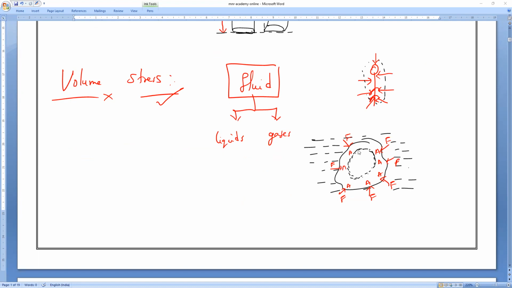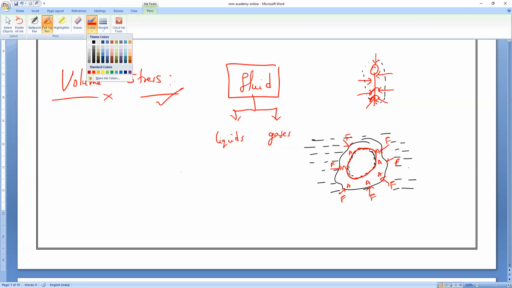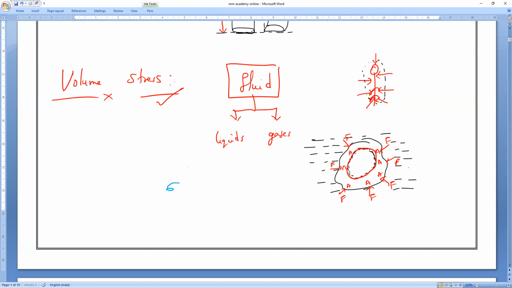So this is what we call a volume stress. When any kind of object is inside the fluid, the fluid will exert pressure on that object in all directions per unit area, so that the volume of the substance decreases. Then what is the formula for volume stress? Again the same thing: force per area, cross-sectional area.